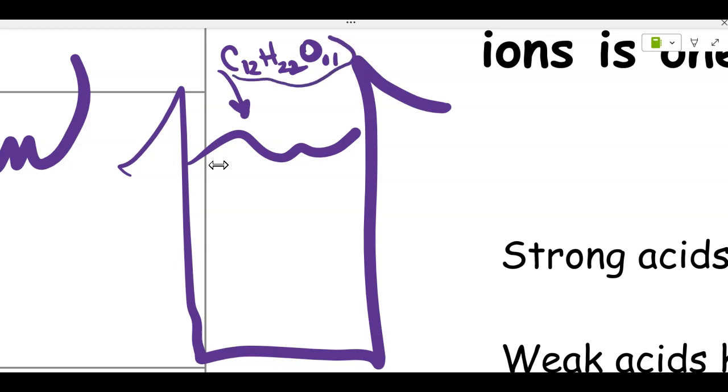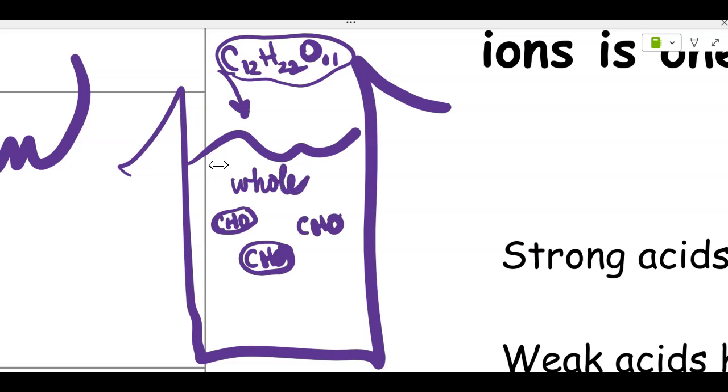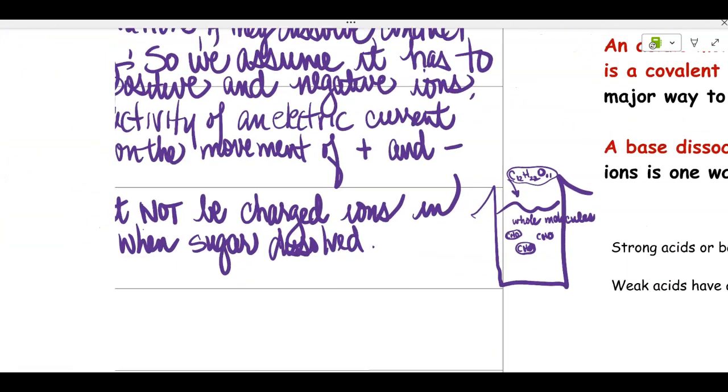This whole molecule, C, H and O, it's in there as the whole molecule. You notice nothing's charged. There's no positive or negative charges in this thing. It exists as a whole molecule in solution. So if it doesn't have any charged particles, then it can't conduct electricity.